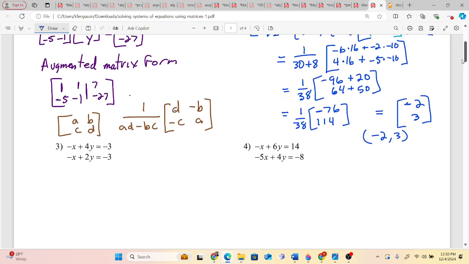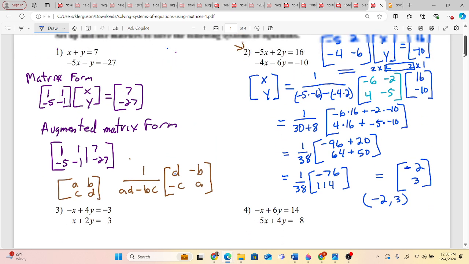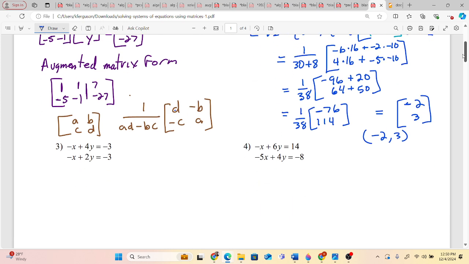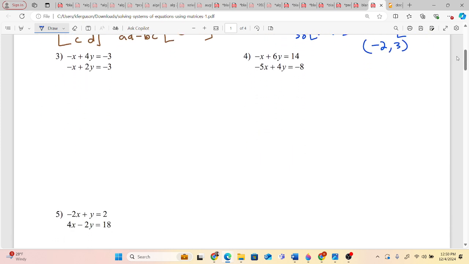So let's do number 4 real quick. Does anybody got any questions on number 2? All right. So let's do number 4 real quick, and then I'll change some matrices from system of equations to matrix form or augmented matrix form, and then we'll go from there.